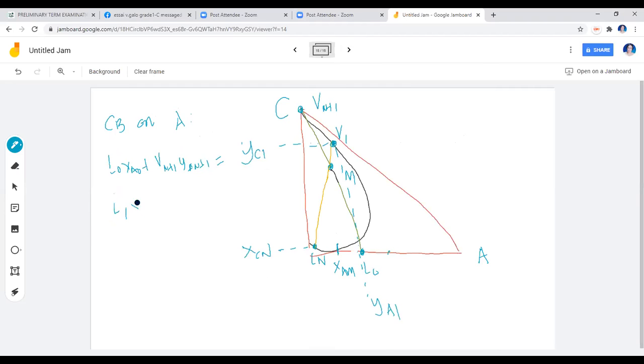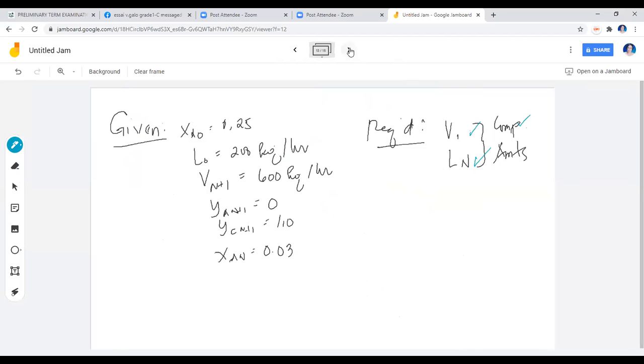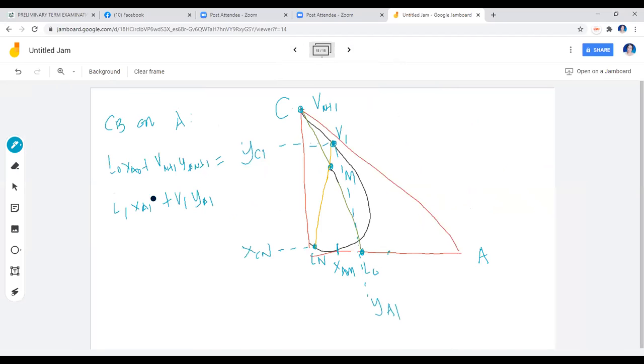So L1 XA1 plus V1 YA1. Now if you recall, we already have these values here. I've checked it because we already got it from the diagram. Or better yet, here. So your XA1 is this. XA1 is for your, sorry class, it's not X1, it's LN. This is multiple stage LN. LN.